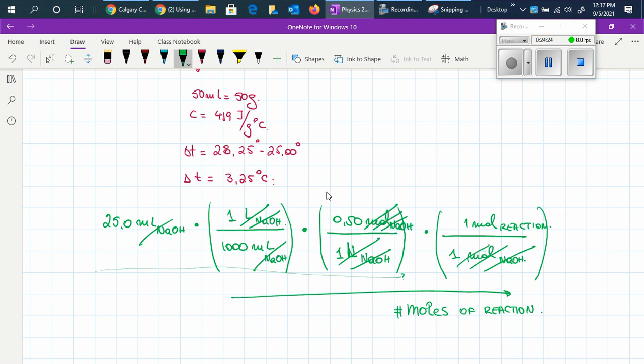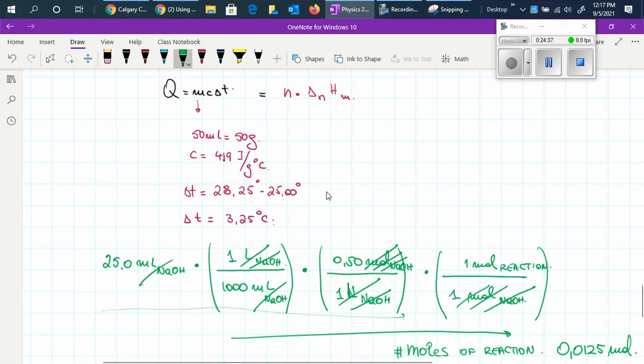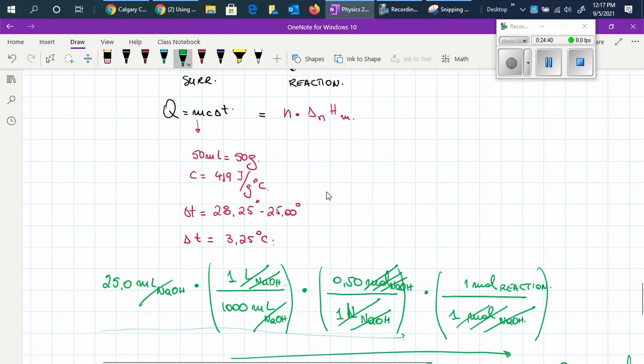But you can stop at the number of moles for sodium hydroxide as well, which is 0.0125 moles. So on this side of the given, what we have is 0.0125 times the molar change of enthalpy of the neutralization reaction.